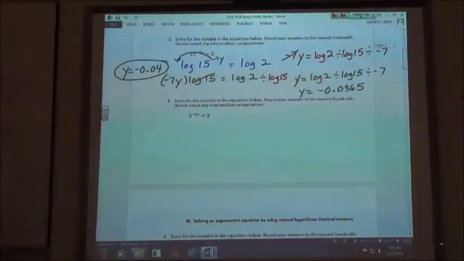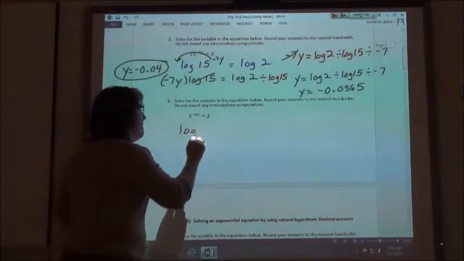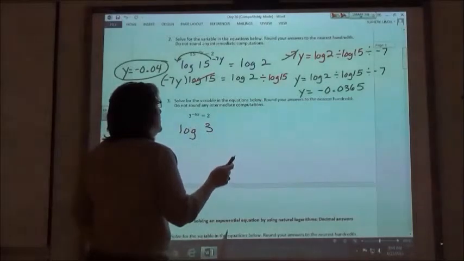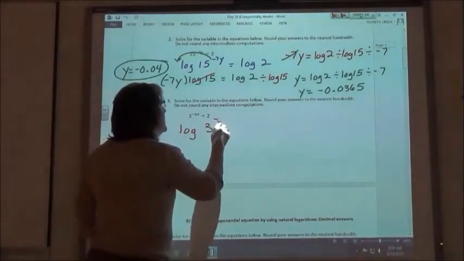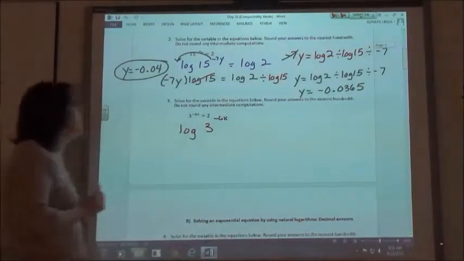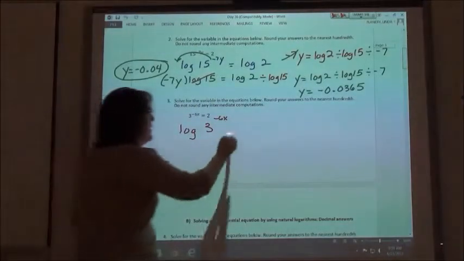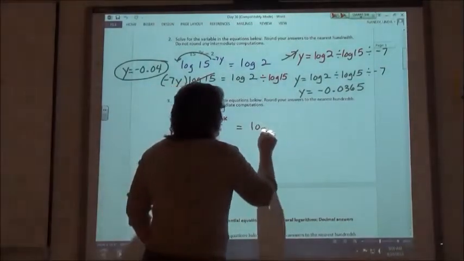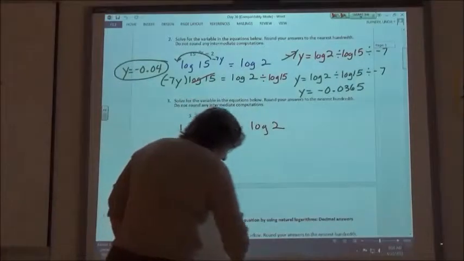Okay, we've got to go log of 3 to the negative 6x power equals log of 2. And then what do we do?